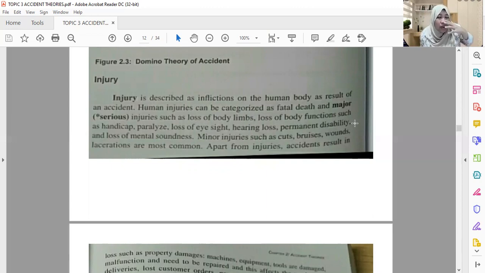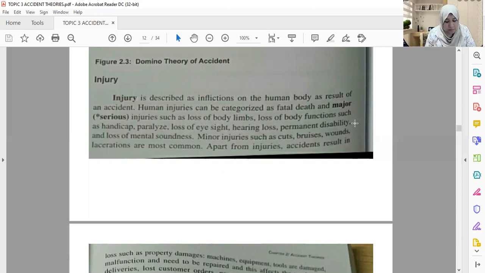Okay, for example, you cannot actually move your hands and legs. For example, total injuries, like vegetate they call, means paralyzed, okay, and loss of the mental soundness.